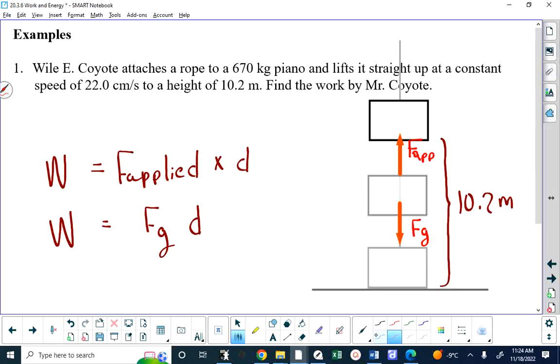Now, there might be problems later on where I give you an acceleration and I say how much work is done. Well, then you might have to use some dynamics and some vector diagrams to determine the applied force. So what do we get here?